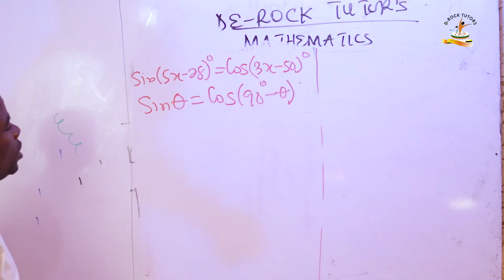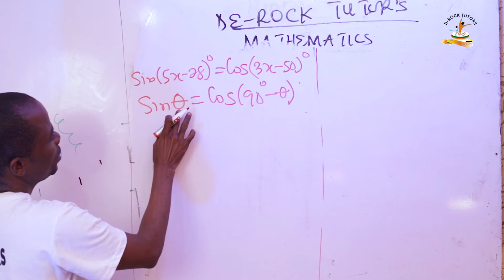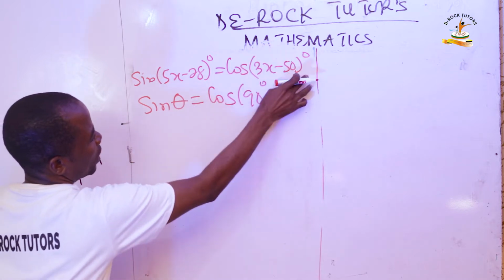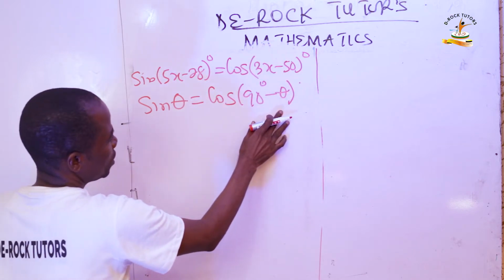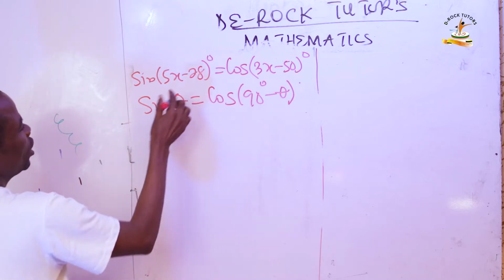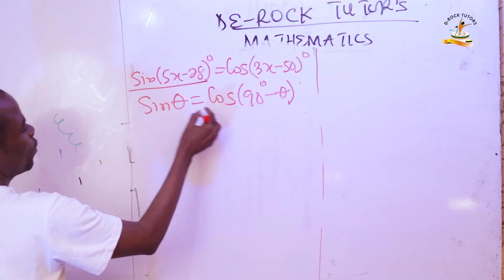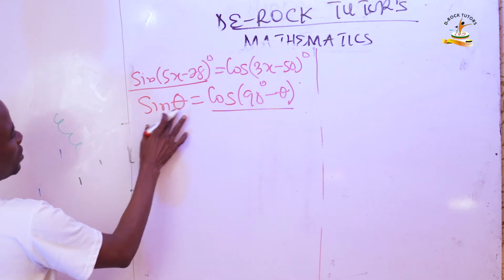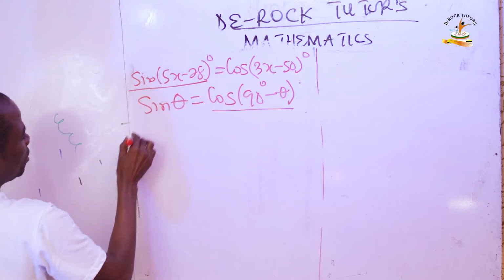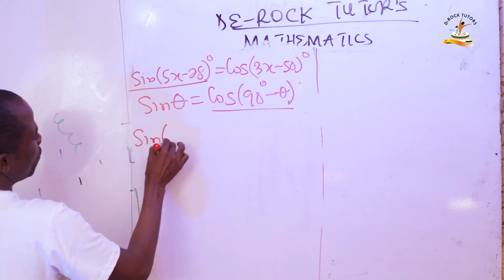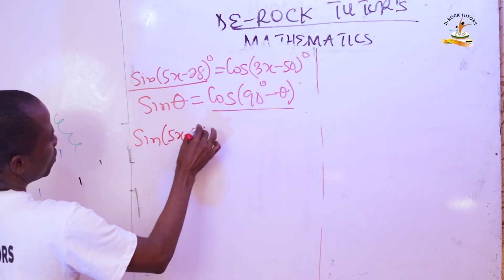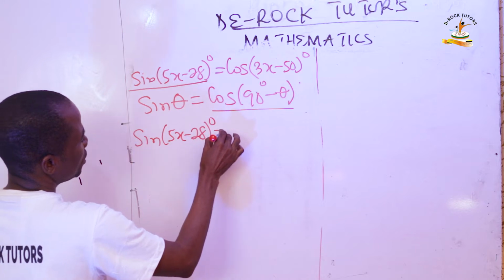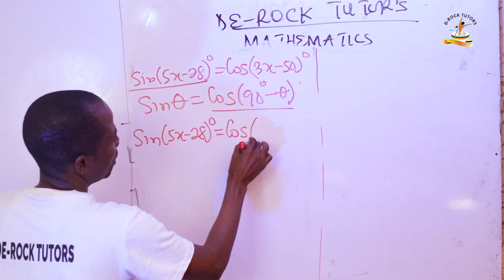That's what we simply do. Everything in the bracket here is theta. Everything in the bracket here is also theta. So we can rewrite this one in the form of this. So that sine theta, this sine, we can now say sine of (5x minus 28) degrees is equal to cos.